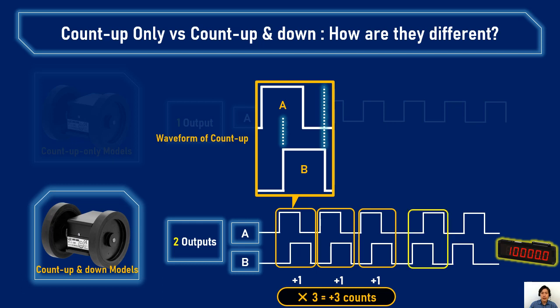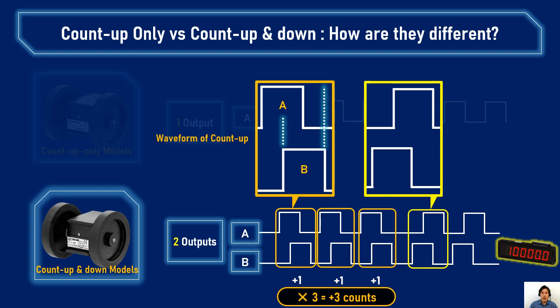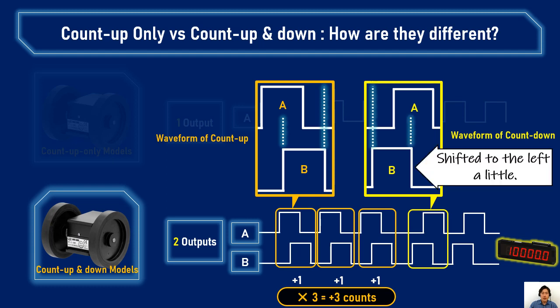Now let's see this waveform. The upper square is the pulse that came from output A. The lower one is the pulse that came from output B. And this is the waveform of count down. When you look at it, you will see square B is shifted to the left a little.